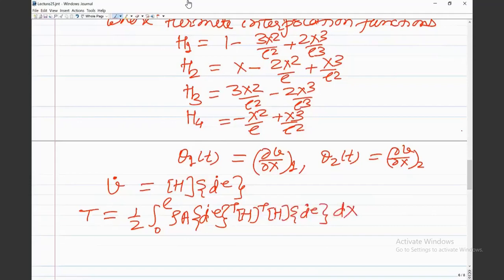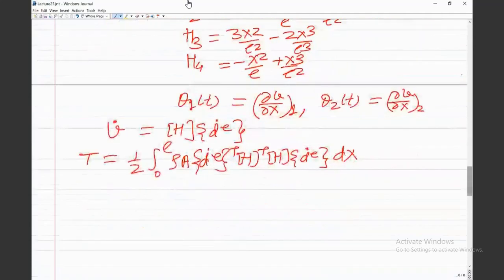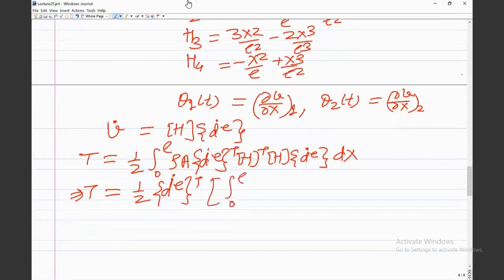Because this d dot is independent of x, it can be taken out of the integration sign. So we can write T equal to half, and then here d dot transpose, into inside the integration 0 to L rho A, and then we have H transpose into H into dx, and then again this d dot outside the integration sign.